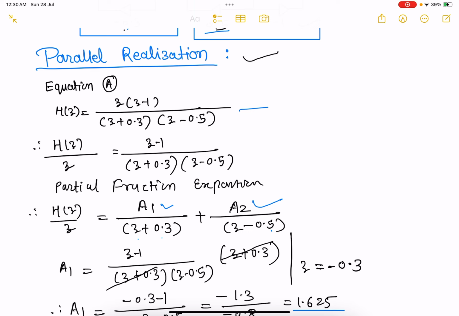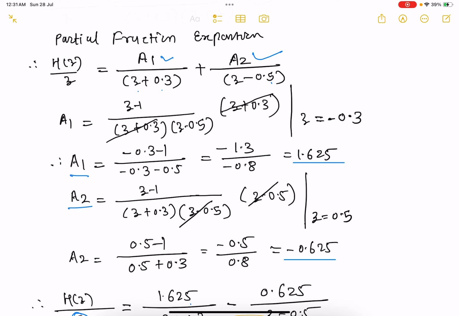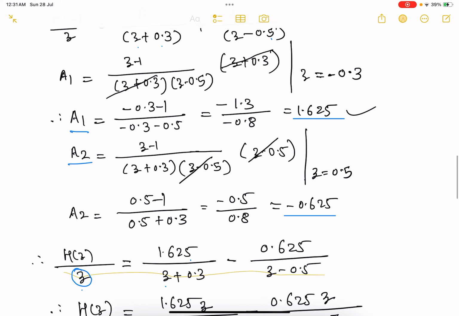So we can write this equation as A1 upon z plus 0.3 plus A2 upon z minus 0.5, and the two constants A1 and A2 will be found. If you solve it, we get A1 is 1.625 and A2 is minus 0.625.